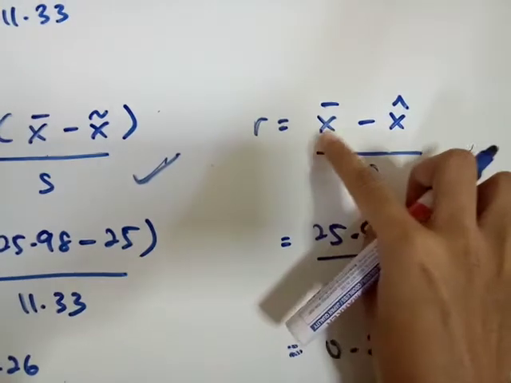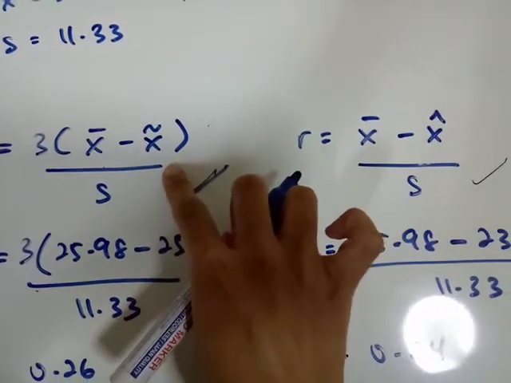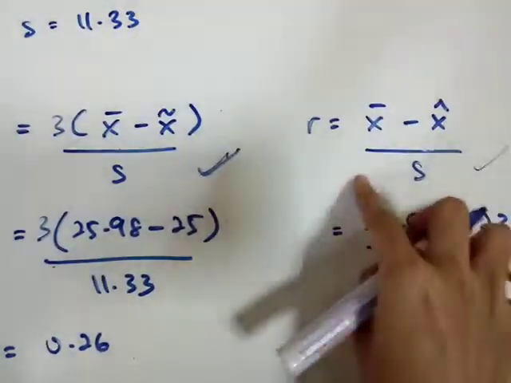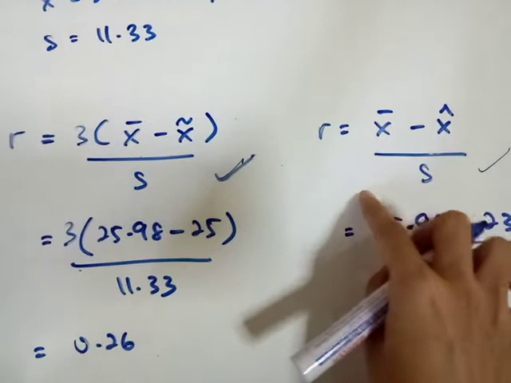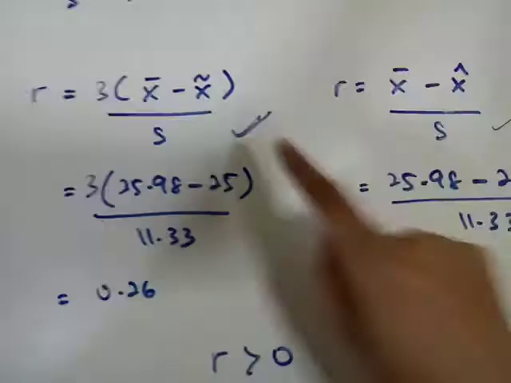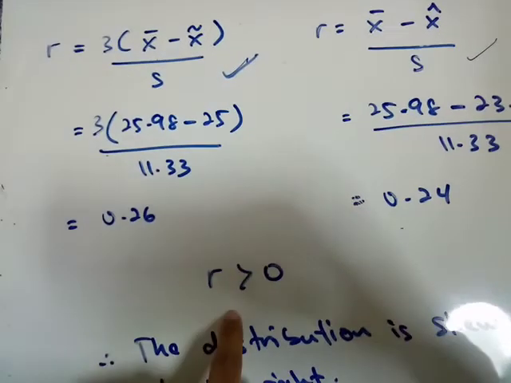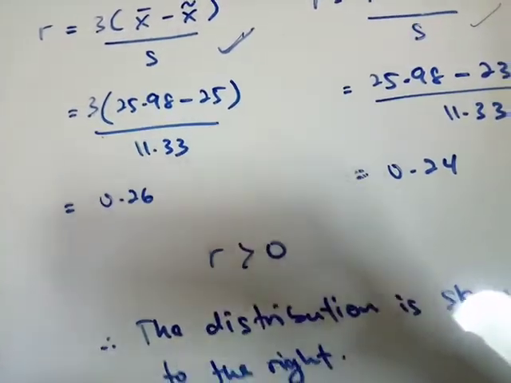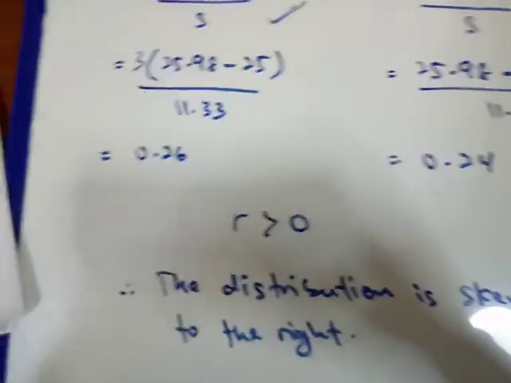Then you can use mean minus mode. No need to find the median. That is why there are two formulas. Don't be confused about which one to use and which one you cannot use. Both are the same, both are still on the positive side, so the distribution is skewed to the right.